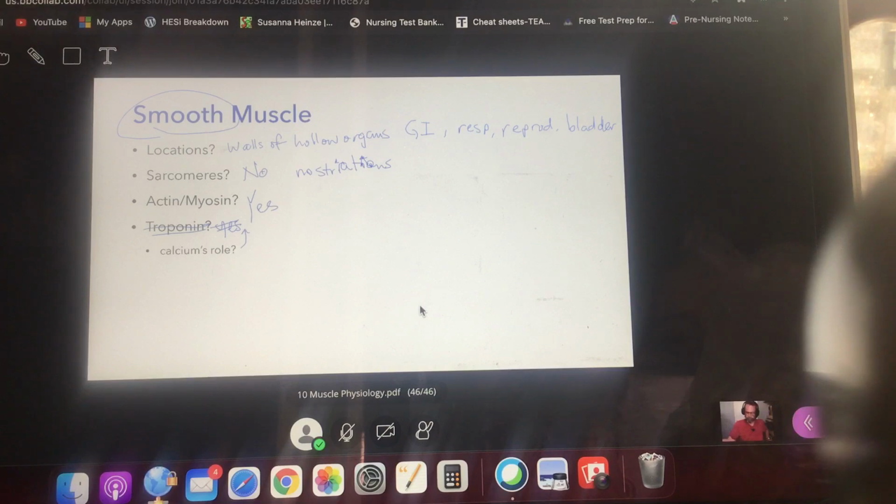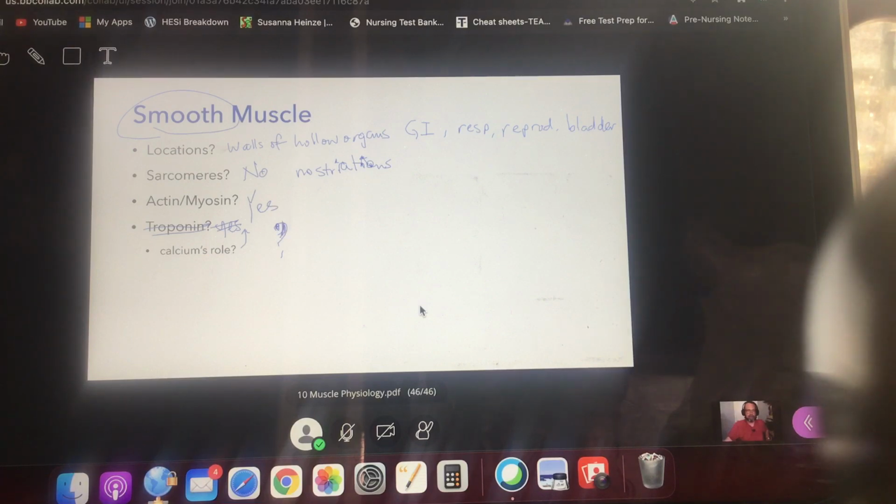So what is calcium's role? What does calcium do in smooth muscle? What does it actually do? We have it.